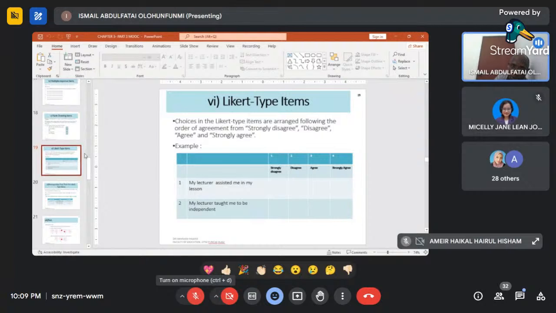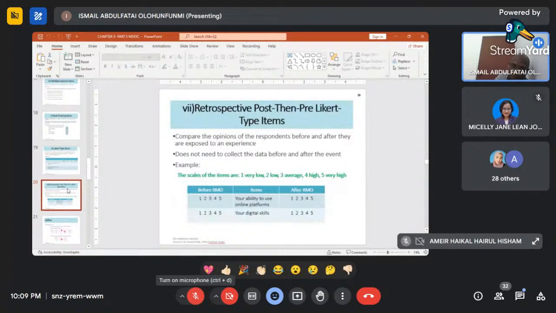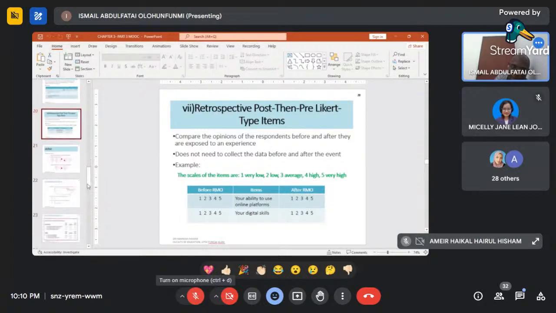This is a Likert type item. This is an example of Likert type items, then the retrospective post and pre-Likert type items. So these are the types of items.